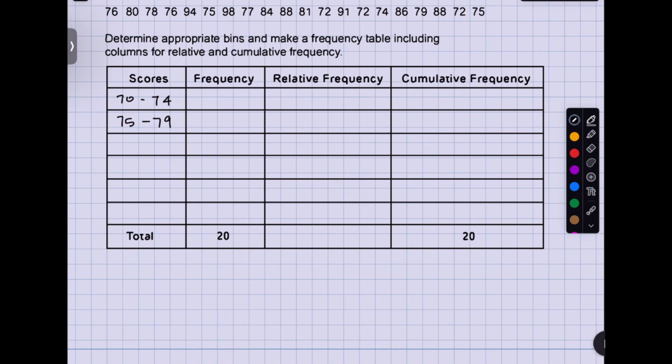Right? Same thing with 75 to 79. You don't think that there's 5 numbers there, but there is. So yes, that would go to 80 to 84, 85 to 89, 90 to 94, 95 to 99.